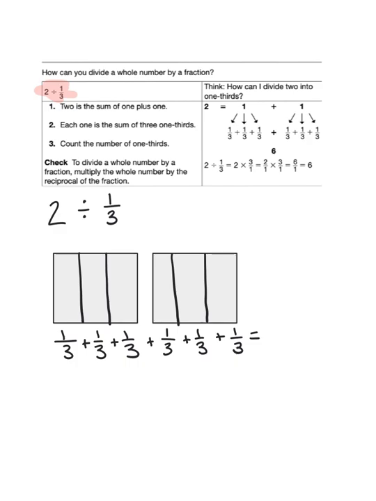Notice that this is not a very efficient way of recording this problem, but it does help us to see that 2 divided by 1/3 equals 6 pieces, or 6 thirds.